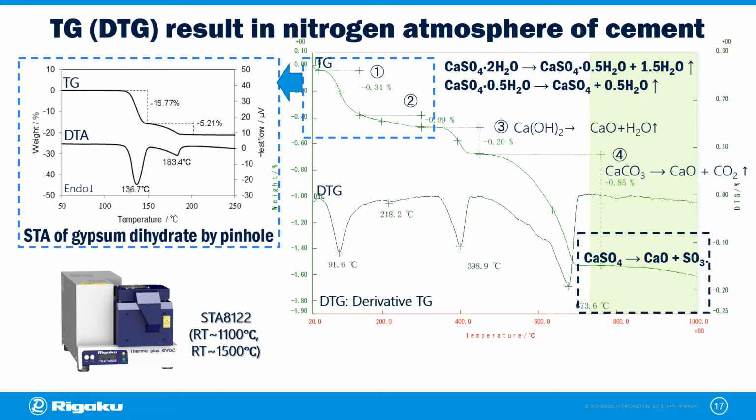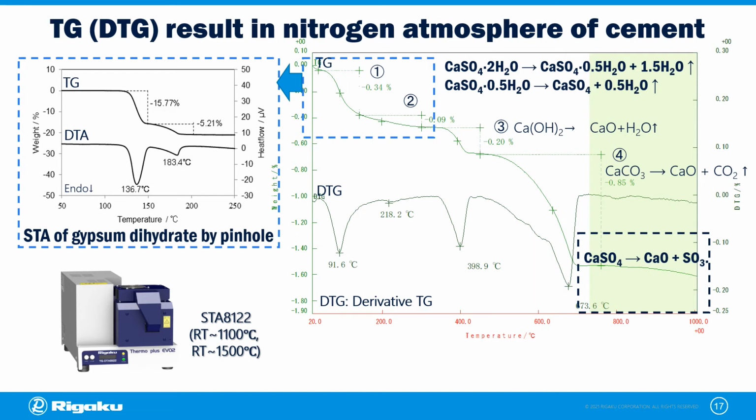From this result, first, gypsum dihydrate dehydrates 1.5 water molecules to produce semi-hydrated gypsum, followed continuously by the dehydration of 0.5 water molecules to produce anhydrous gypsum.